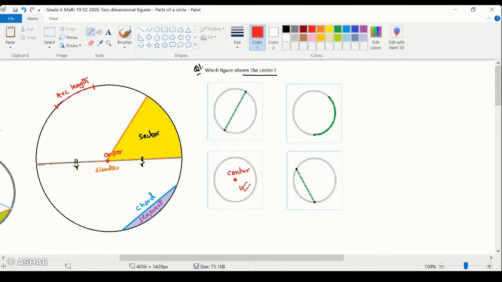What about the first option, this one? We know that this would be the diameter. Agreed? Because it passes through the center of the circle and it is touching the opposite ends of the circle. What about this? From there to here, this was known as arc length.